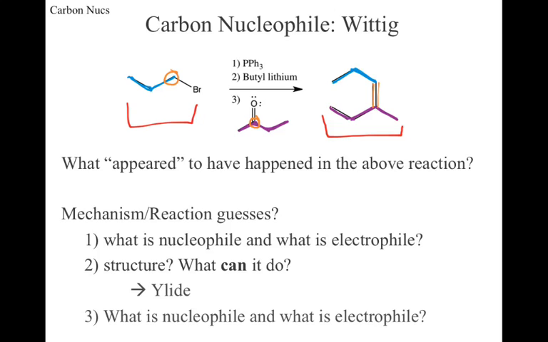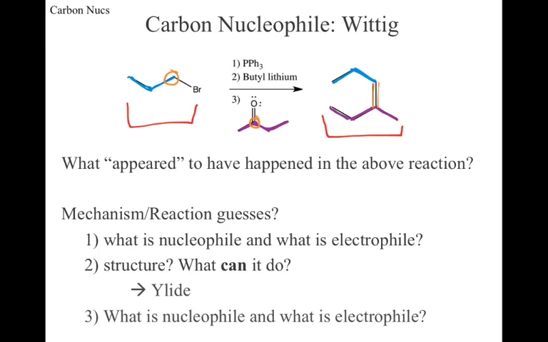In step 1, we react our alkyl bromide, kind of neat, because that's similar to what we did for our Grignard reactions. We react our alkyl bromide with triphenylphosphine. That's phosphorus with 3 phenyl groups. As you might guess, that is a massively sterically hindered structure.